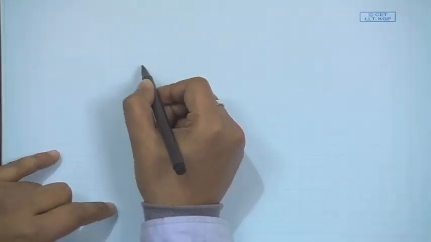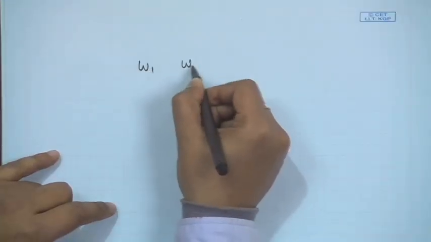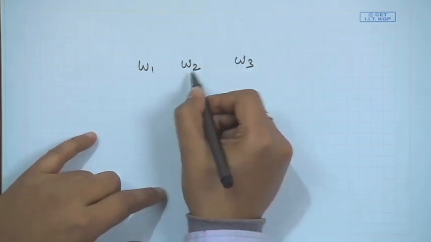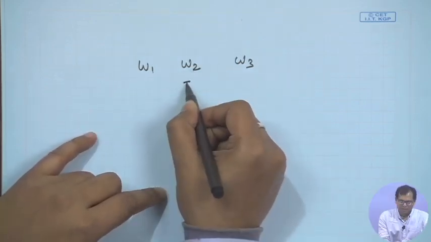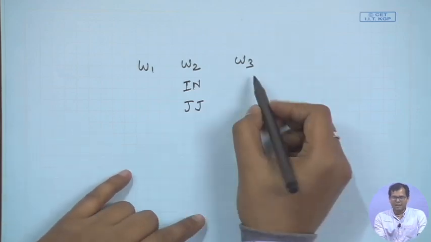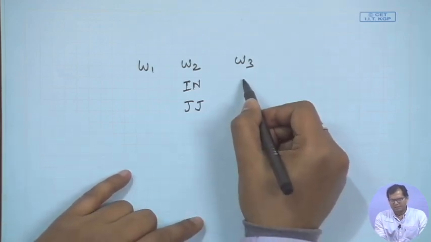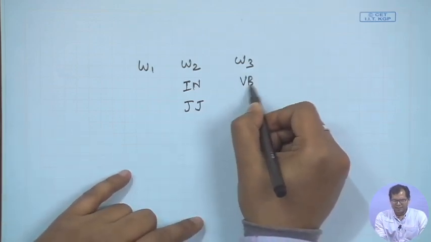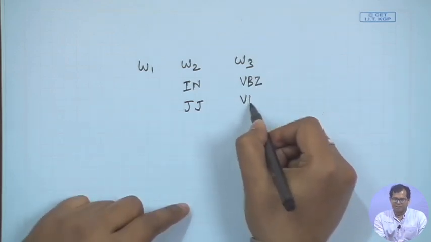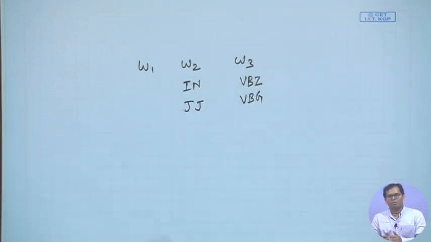Let us say that we have word 1, word 2, word 3. Word 2 can take two tags, IN and JJ. And word 3, to keep it simple, can take a tag like VBZ and maybe something else like VBG. They may not be possible, but it is just a hypothetical case.